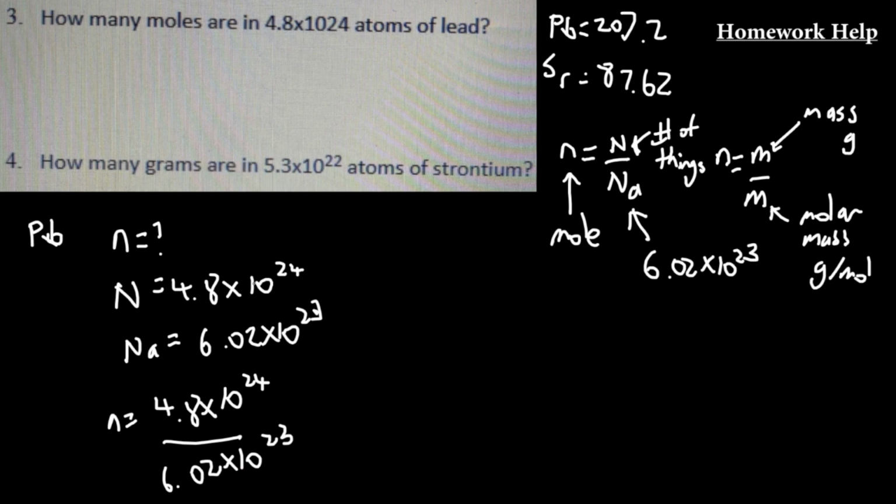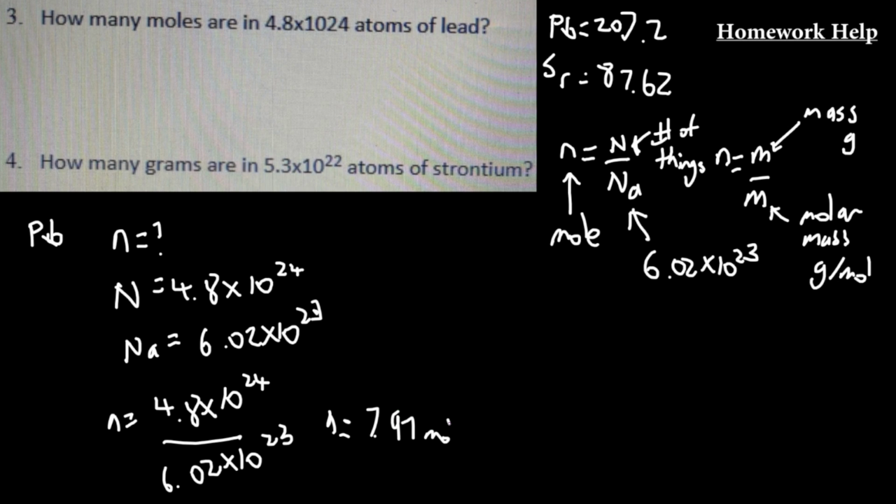So let's see. 4.8 times 10 to the exponent 24 divided by 6.02 times 10 to the exponent 23. You should get n equals 7.97 moles.